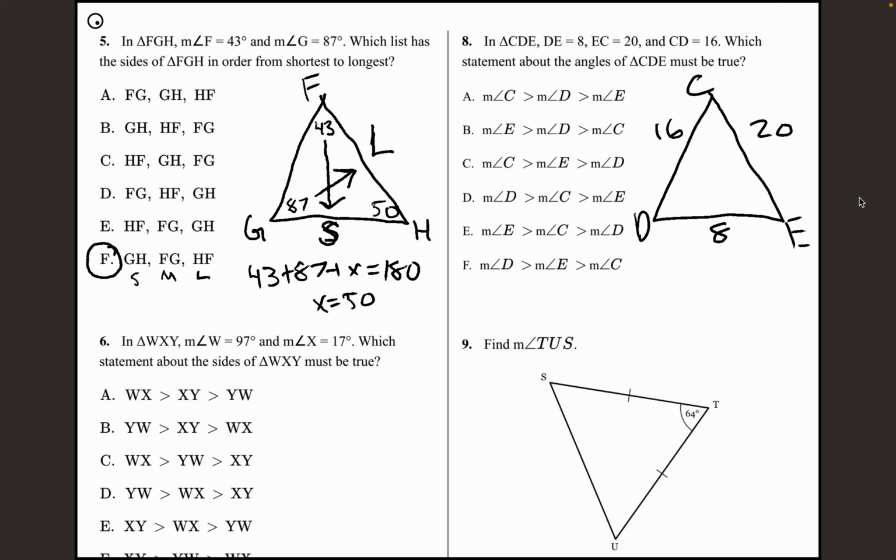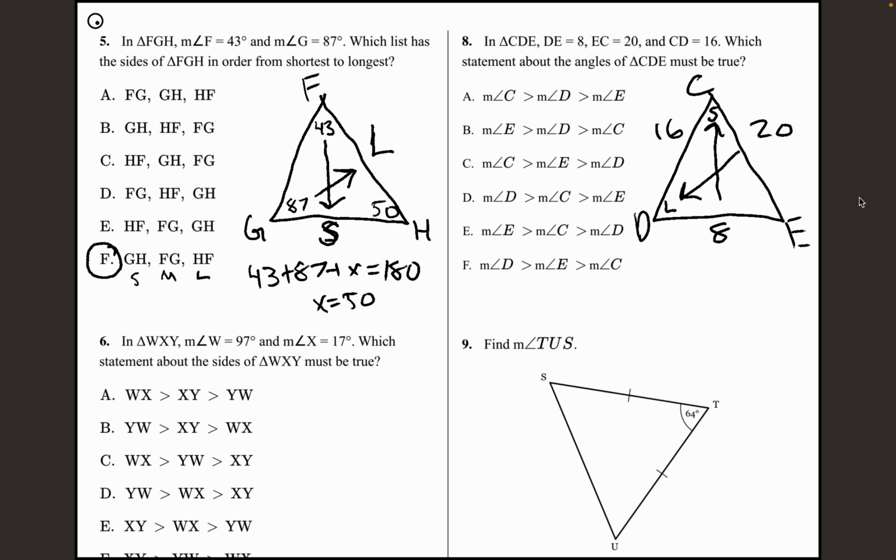Who can tell me what our largest side is? CE. So we go directly opposite, diagonal. What do you think our largest angle is? D will be our largest angle. And what would my shortest angle be? C will be the shortest.